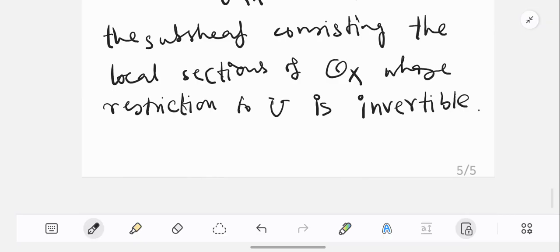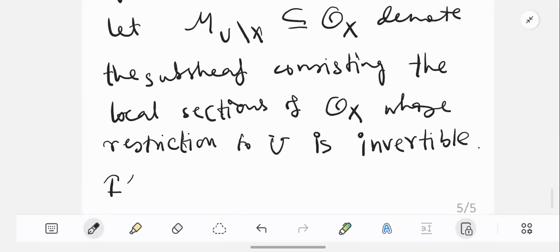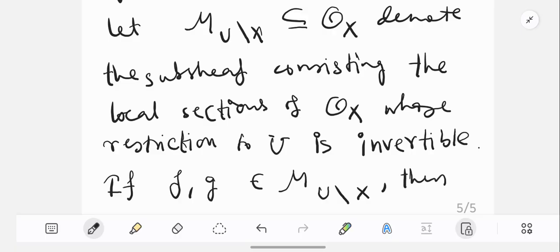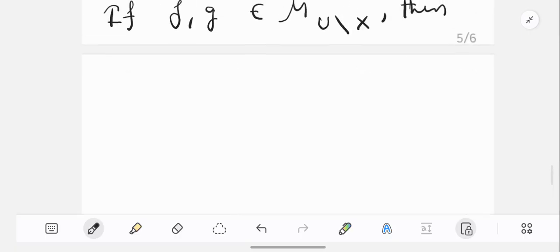Okay. Now if we take two sections f and g from this, then fg is also here.